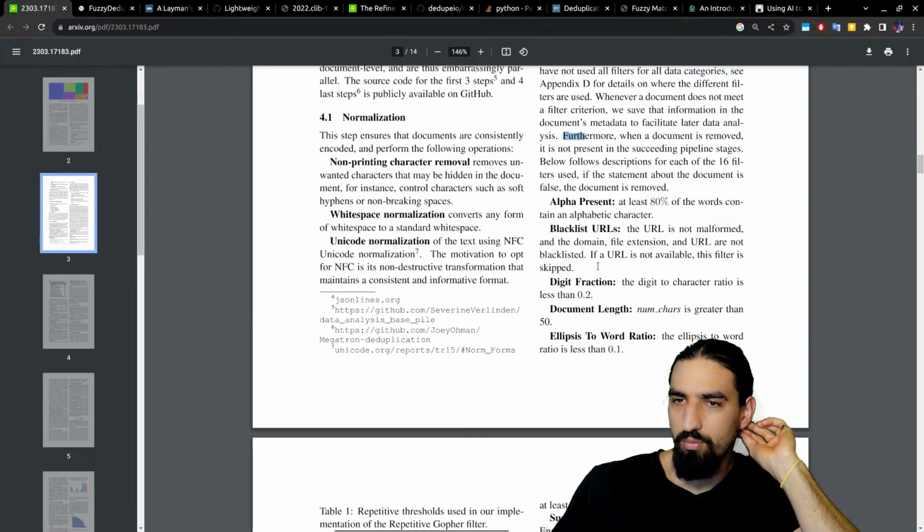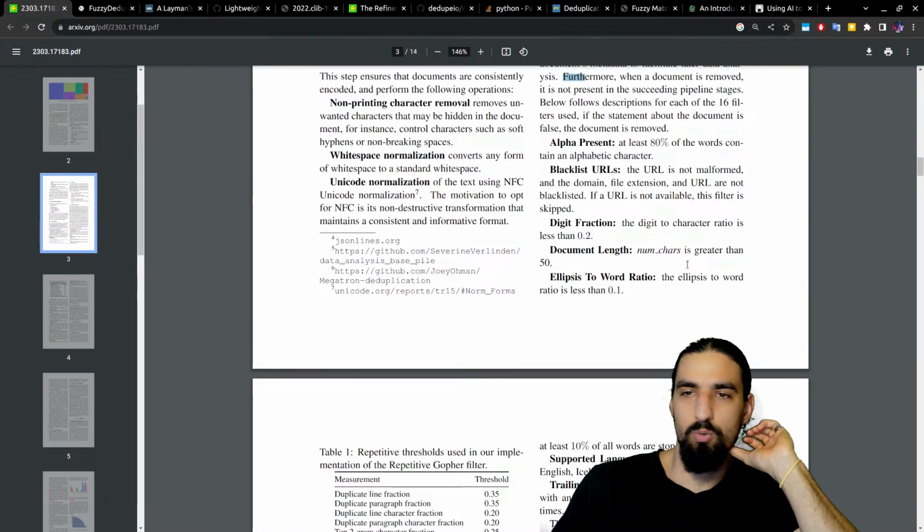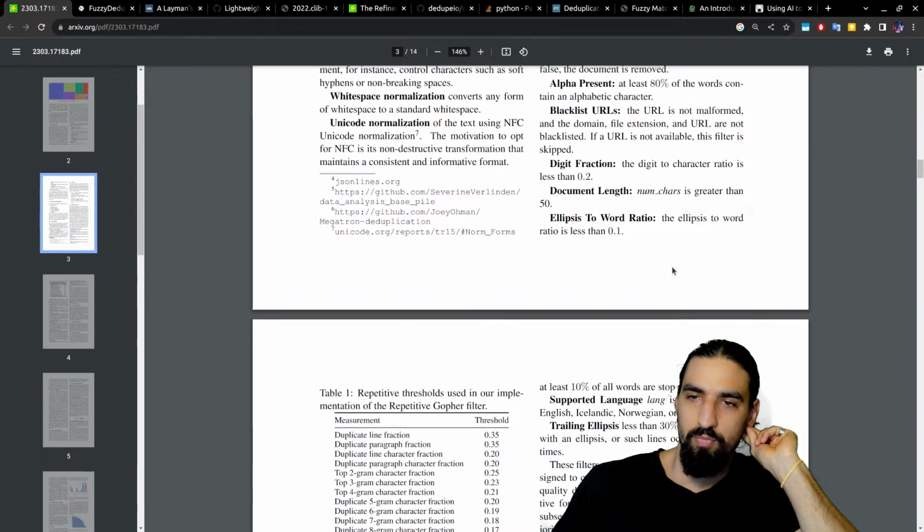Okay. Digit fraction, the digit character ratio is less than 0.2%. Number of characters is greater than 50. The ellipsis to word ratio is less than 0.1.